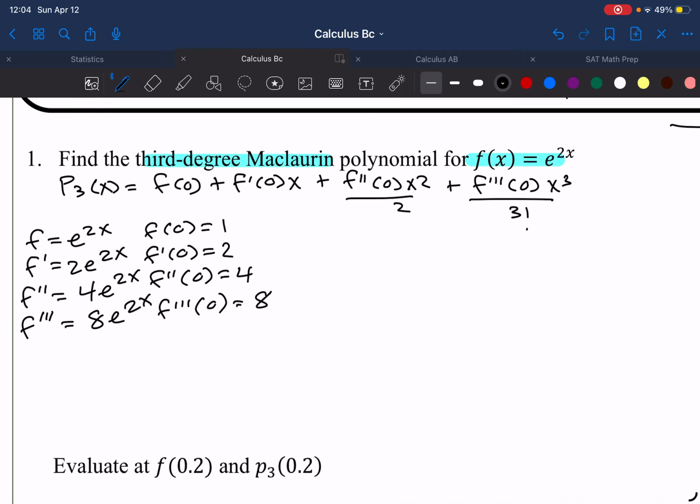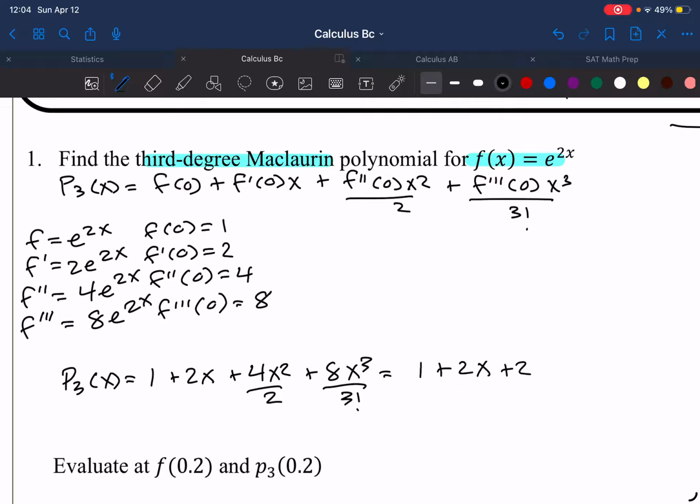And so I plug that in and I get my approximation. So I have p sub 3 of x is equal to 1 plus 2x plus 4x squared over 2 plus 8x cubed over 3 factorial, which reduces to 1 plus 2x plus 2x squared plus 4/3 x cubed. This would be my approximation to the function e to the power of 2x.